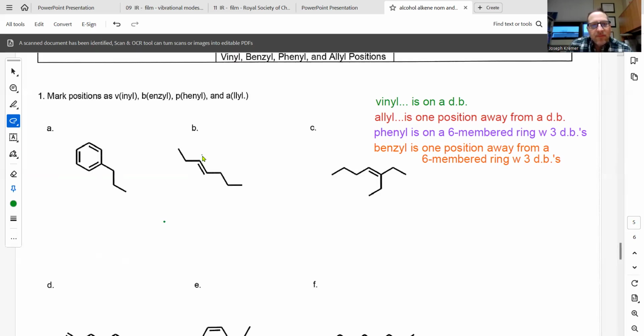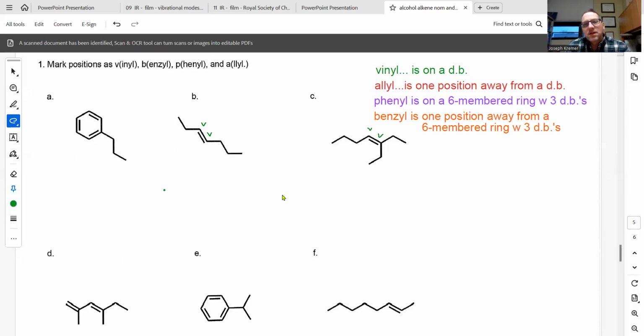Here's one of a vinyl position. Little V here, little V here. Vertexes, which have double bonds on them. There's some more vinyl positions. A vinyl position, a vinyl position. Good. Shall we proceed?